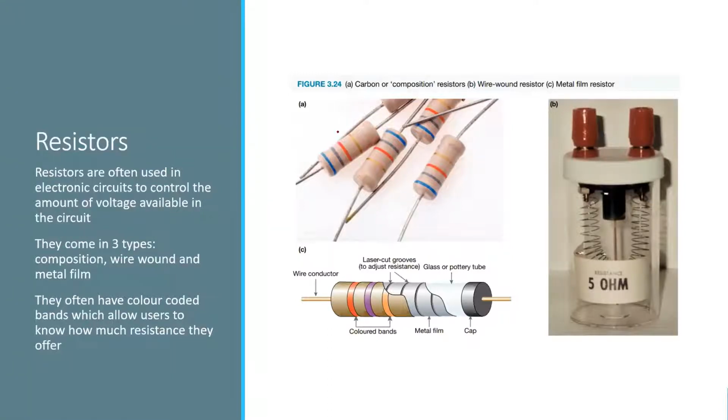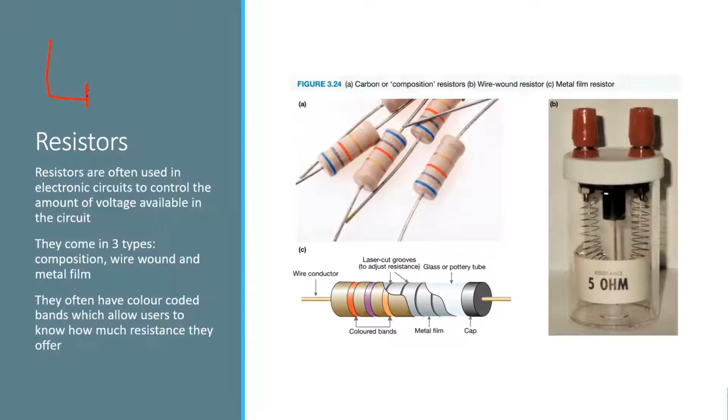So resistors are often used in electronic circuits to control the amount of voltage available in the circuit. For those of you that have done engineering maths, you'll also have an advantage, but for everyone else, just a quick side point.